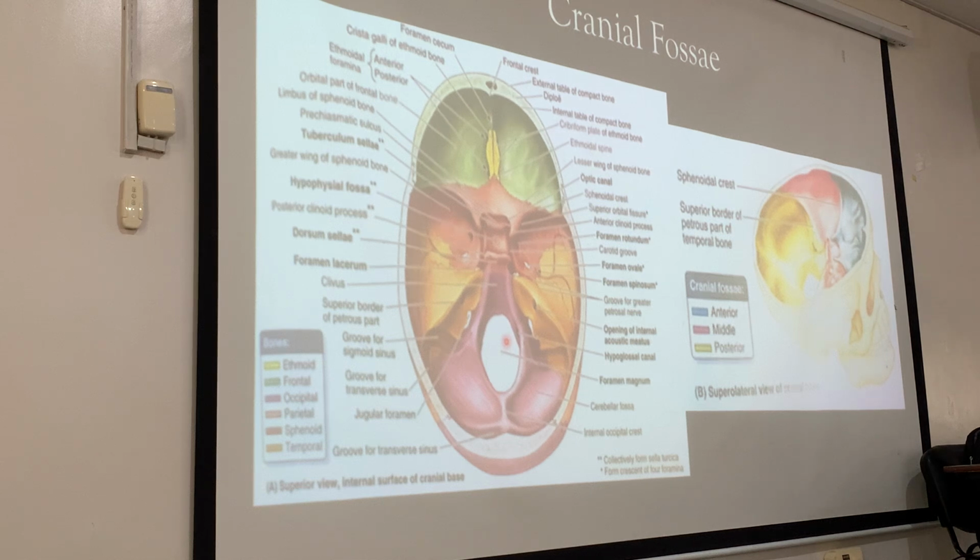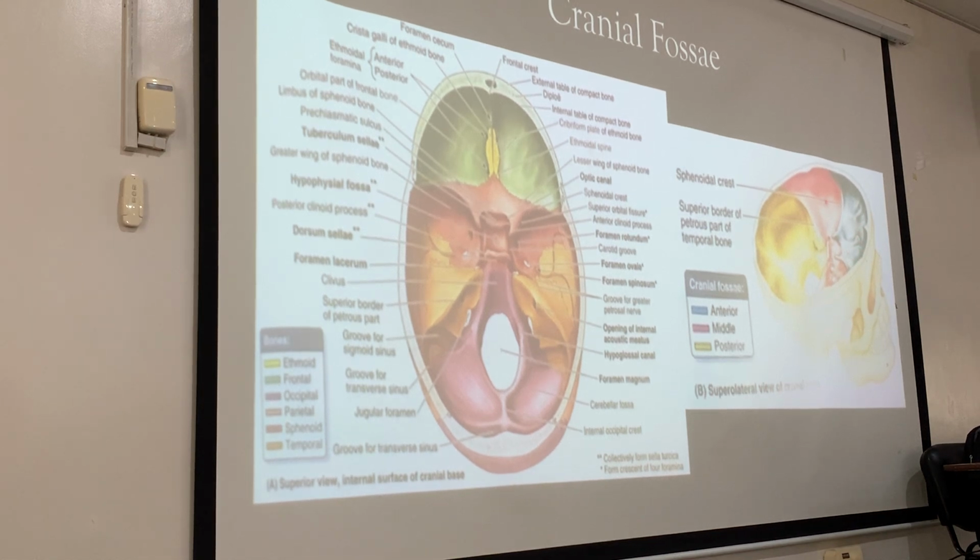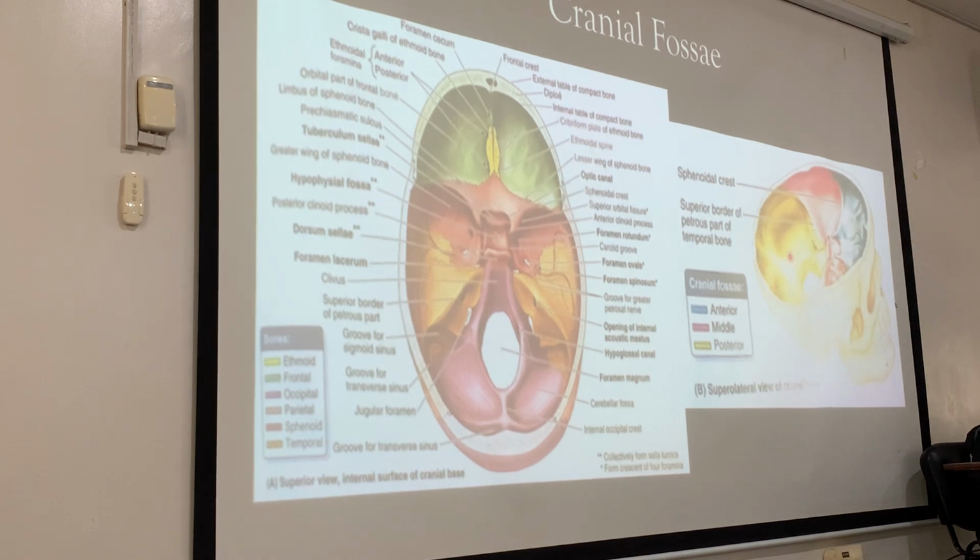And again, we have the different foramina in the respective cranial fossae. Okay? So that's a view from the top, and this is an oblique view. So again, showing the sella turcica, and then the ridges that divide the cranial base into the anterior, the middle, and the posterior cranial fossae.